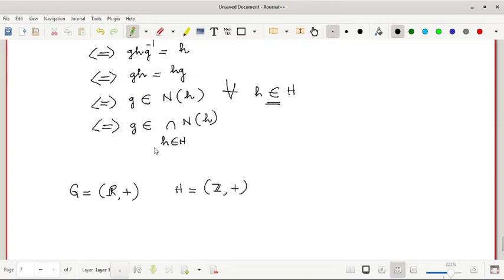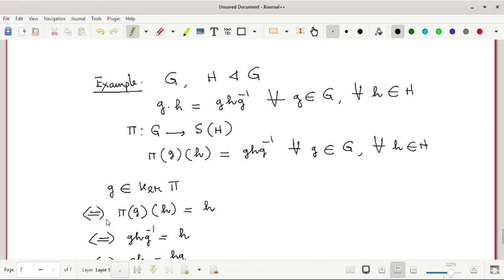Whatever real number you choose, it will commute with every integer. So the kernel is the whole thing. In this case, your kernel of pi will be the entire R. So you cannot say that this action is faithful.